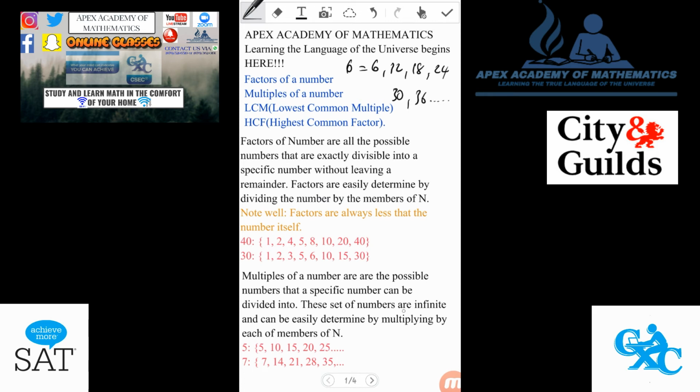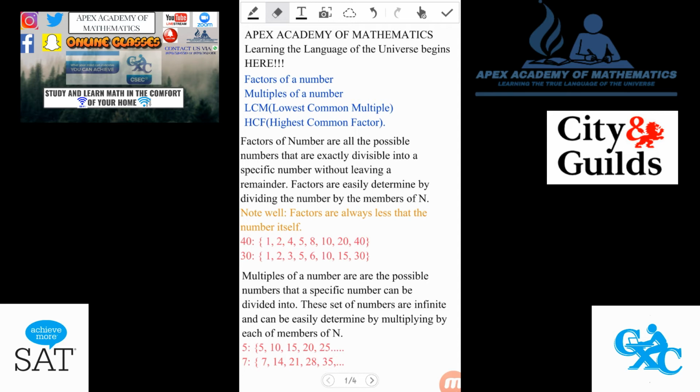Now as I said before, it is infinite, but there are cases where you're given a condition that states you need to list the multiples between A and B, or between 40 and 95, or 100 and 350 of a specific number. Sometimes it might say inclusive of the number itself, or it might say exclusive of the number itself.